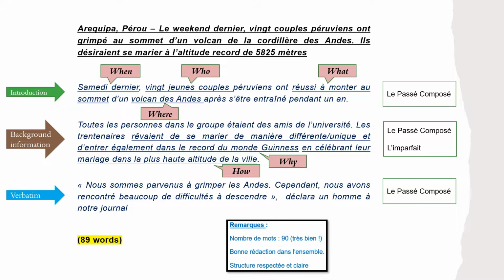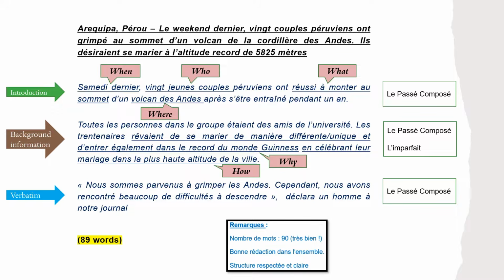That's it. Next, let's look at the tenses that I have used here, because in a fait divers it is very important to make sure that we are using the right tense. In the first section, I'm using passé composé because I'm talking about an event which has just happened in the near past.